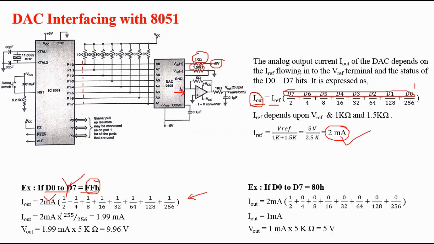If you calculate, you will get 2 milliampere into 255 divided by 256, which is equal to 1.99 milliampere. This much is the current which will flow through this terminal. So the current is 1.99 milliampere. I will write it at this place.